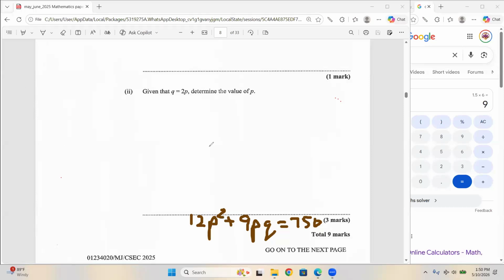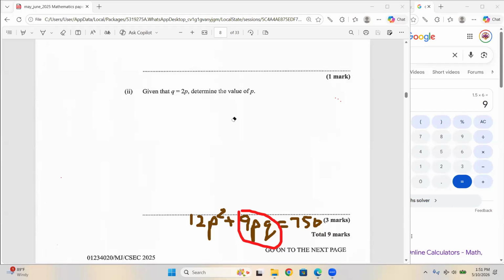simultaneous equations. Now, the reason why I said substitution method is because in order to use the elimination method, you see how we have a weird thing going on here? I call it weird, but you have a term in PQ, you have a term in P squared, you have a term in P, a whole set of different terms.